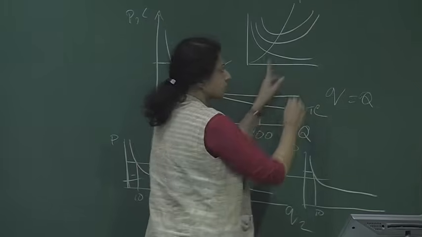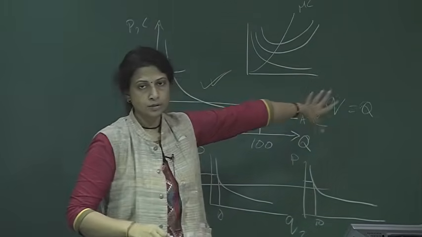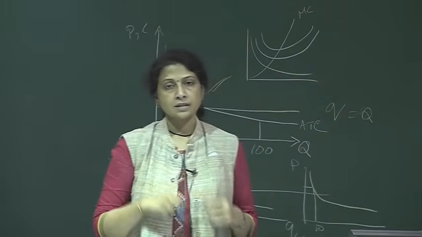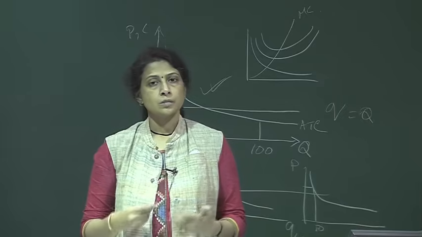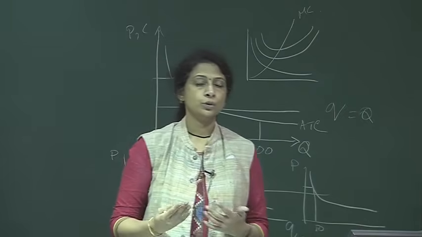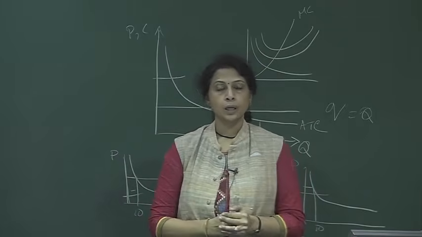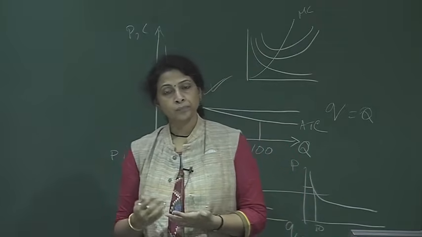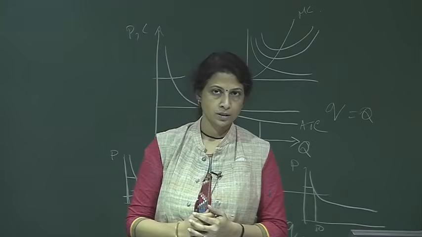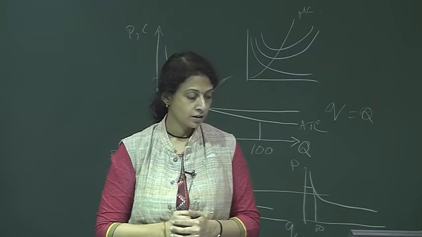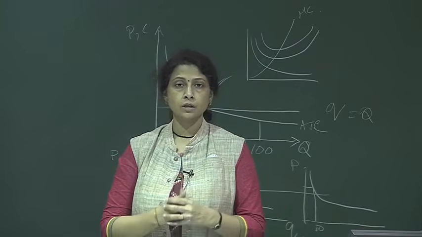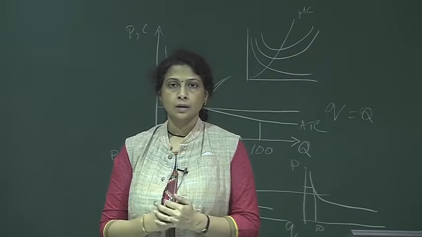We are going to stick with these typical cost curves and see what is the monopoly outcome, what is the monopoly combination of price and output that happens in the market when the monopolist is trying to maximize its profit. So, that is what we are going to do in the following modules of this week.